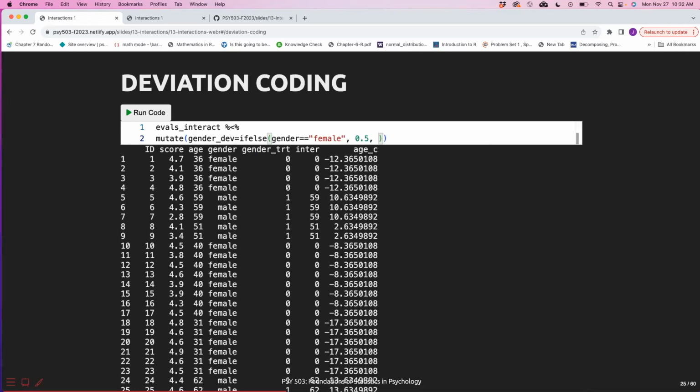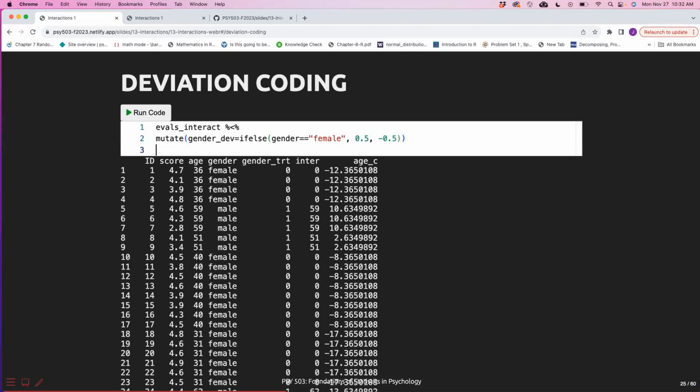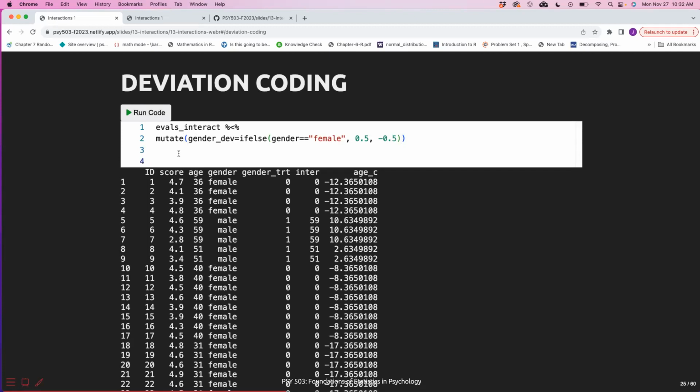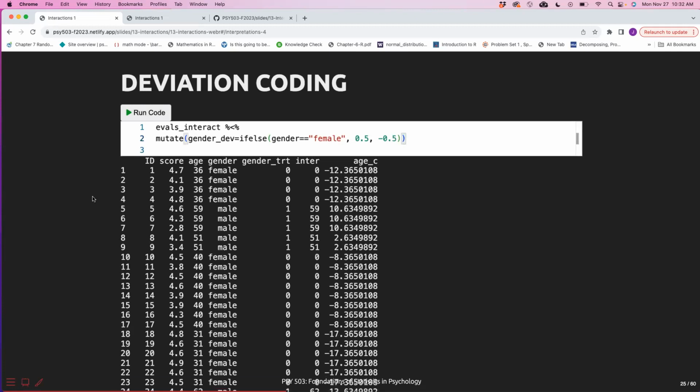I'm going to say that female is 0.5, and then we're going to label males as negative 0.5. And then let's go ahead and run a regression on this.